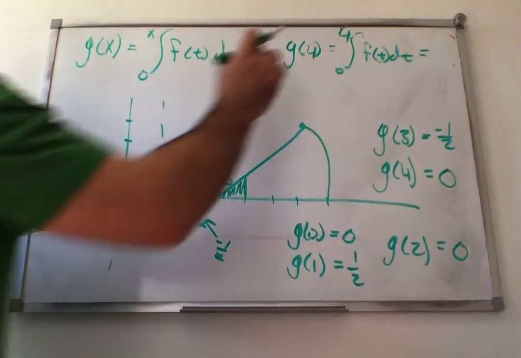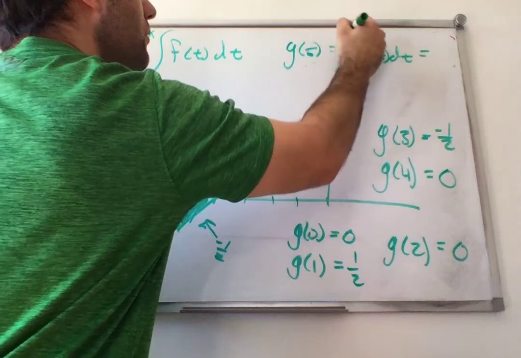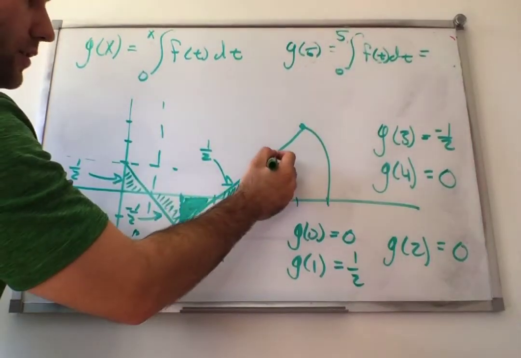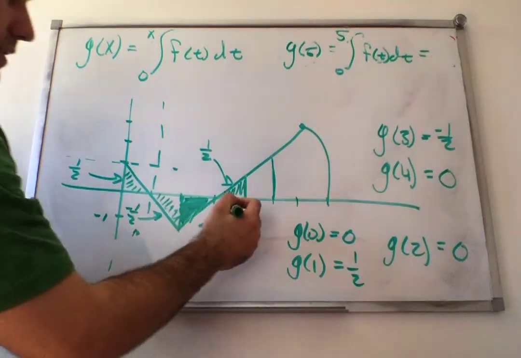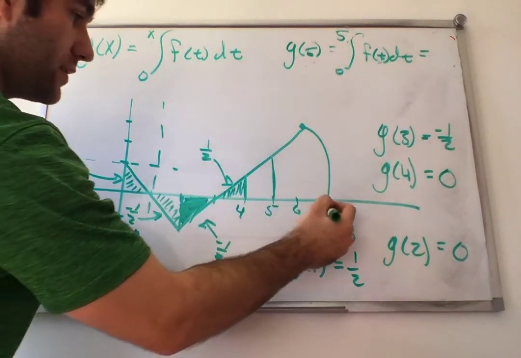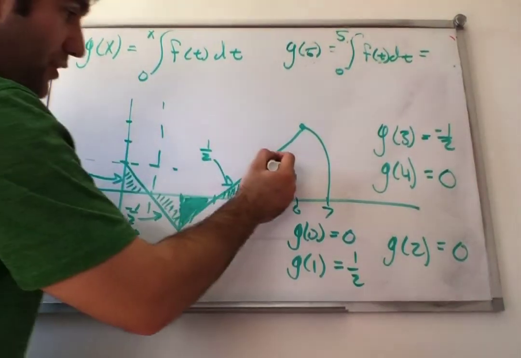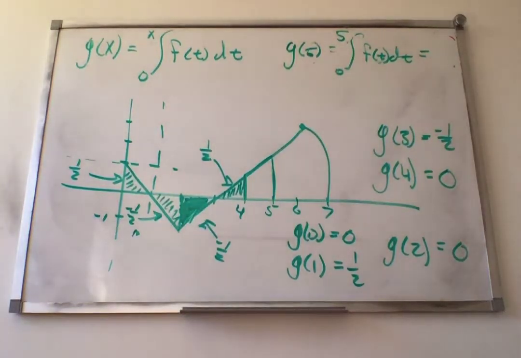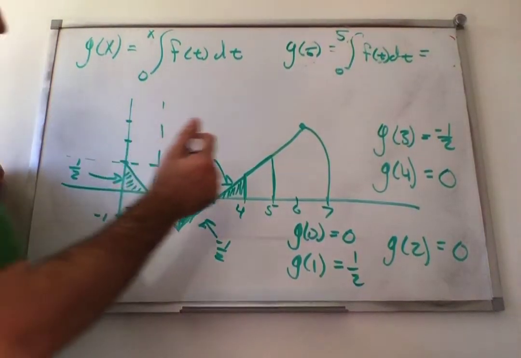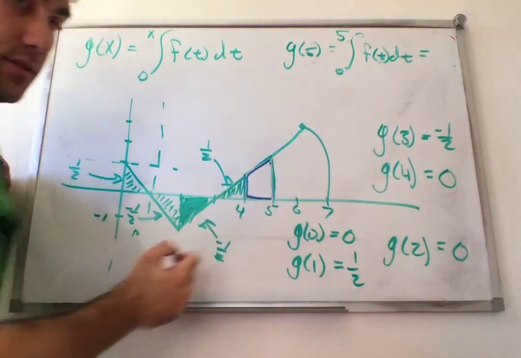And now it asks me to find g of 5. Let's see, 4, 5, 6, 7. g of 5 is a trapezoid. If you look here, I'll outline it in a different color. It's a trapezoid. Right there, right there, right there, and right there.